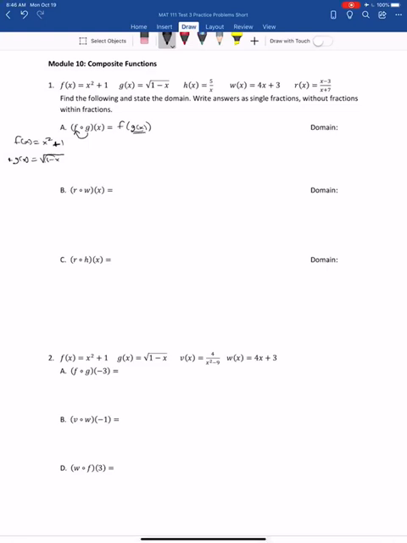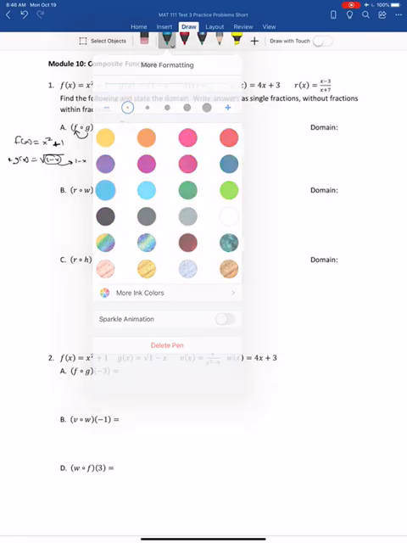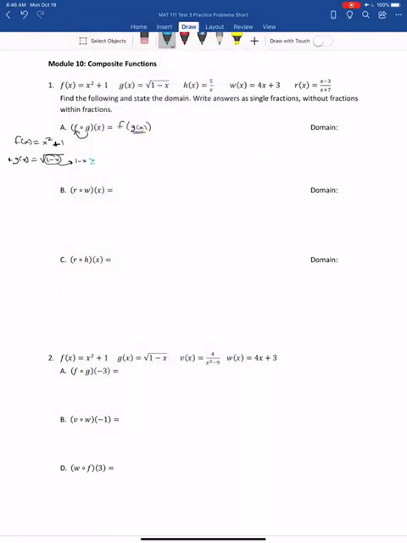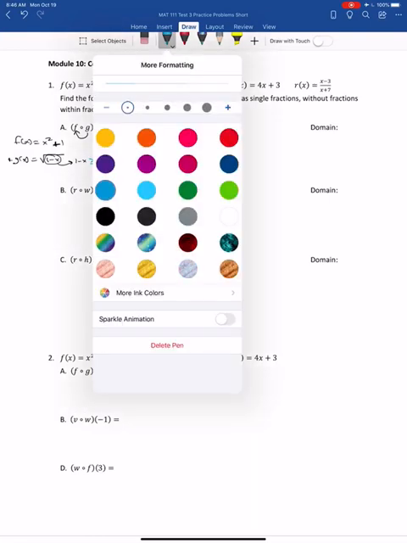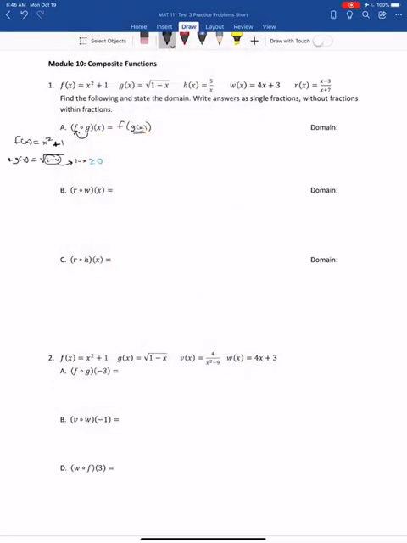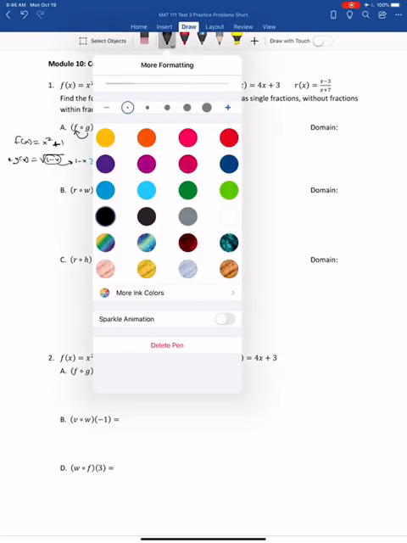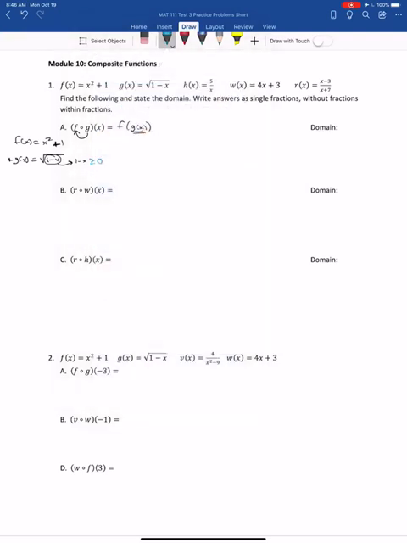Now g of x, this even root function, we know with domain restrictions, we know 1 minus x must be greater than or equal to 0, right? We cannot have a negative number inside of a square root. So let's go ahead and work on finding our domain restrictions for this even root function g of x. So we'll go ahead and subtract the 1 over. We're solving for x.